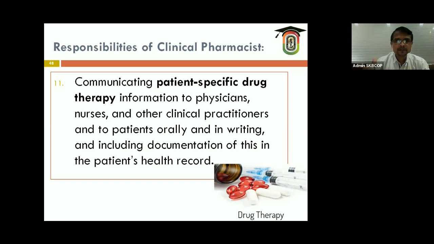So the patient specific drug therapy जो हमने बनाई है, जिसको pharmacist मॉनिटर करने वाला है, ये जो पेशेंट स्पेसिफिक ड्रग थेरेपी बनाई है, that has to be communicated to the physician, that has to be communicated to the nurses and other clinical practitioners who are there taking care of the patient. Along with the practitioners and healthcare professionals, this patient specific therapy should also be explained to the patient, either orally or in written form, whatever is feasible and whatever the setting tells.